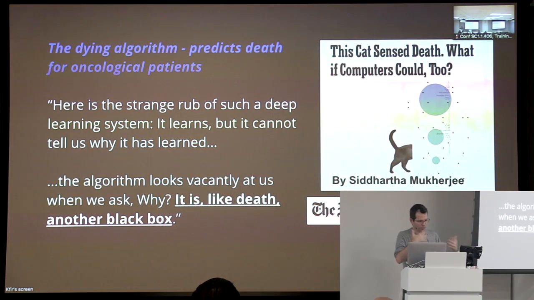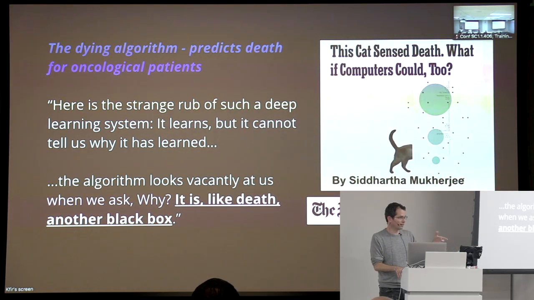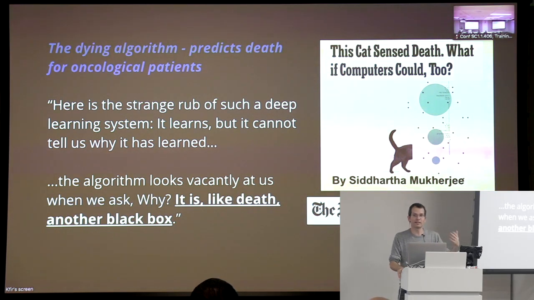I saw people citing an article written by the famous oncologist Dr. Siddhartha Mukherjee in the New York Times Magazine a year and a half ago about an experiment they've been doing in their hospital. They're trying a deep learning based algorithm for predicting death of oncological patients.